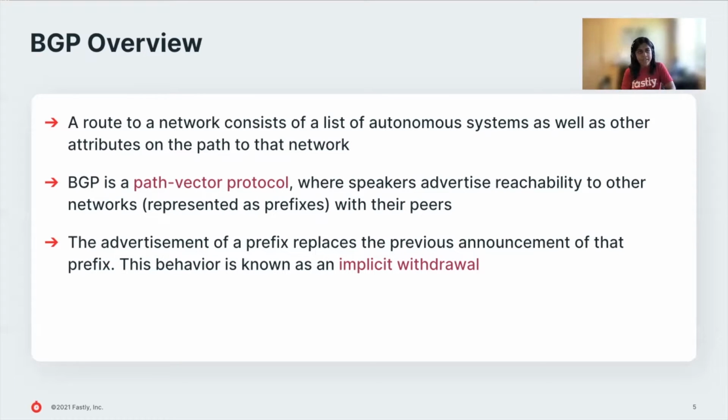So for example, if I'm a node and I say that I can reach the destination using some next hop of X, and at a later time I say that I can reach the same destination with the next hop of Y, which is my best path now, my previous announcement of the fact that I could reach it via X is implicitly withdrawn from my peers.